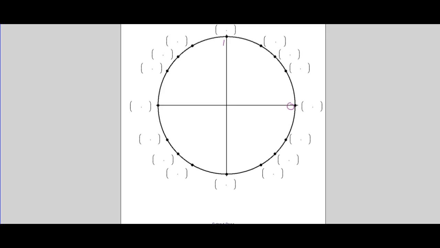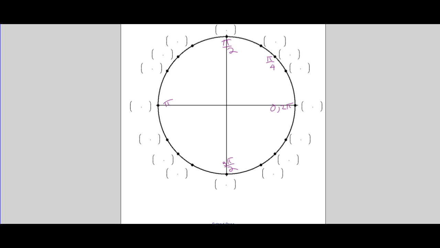0, pi over 2, pi, 3 pi over 2, and 2 pi. So let's call that 0 to 2 pi. That's splitting the circle into 4. Let's split it into 8. What's halfway between 0 and pi over 2?